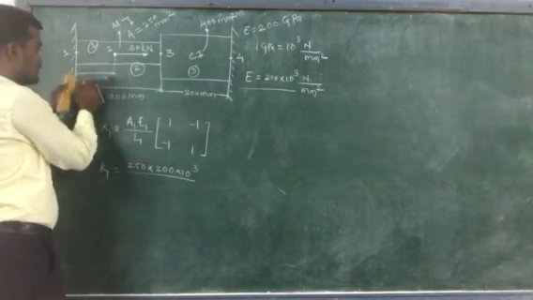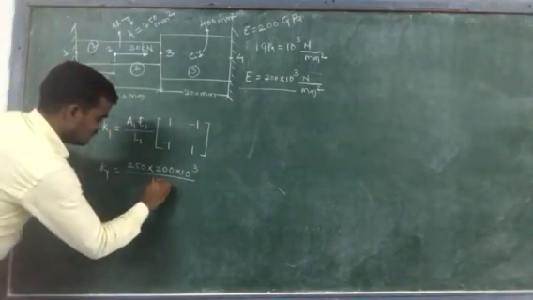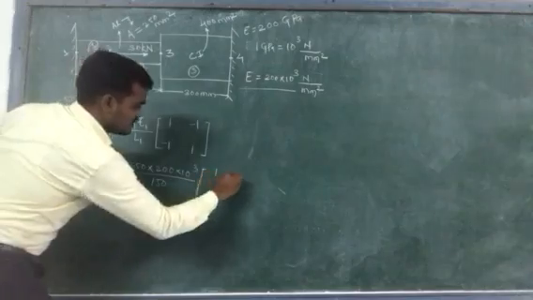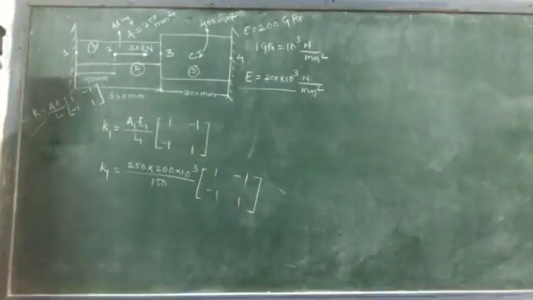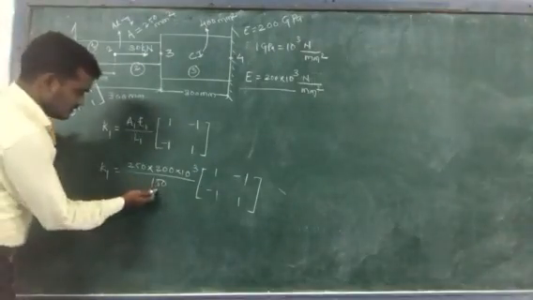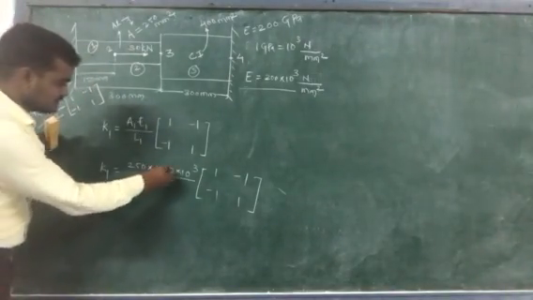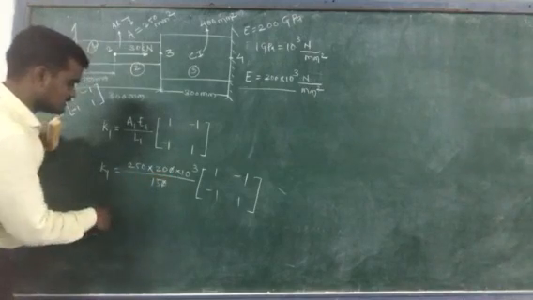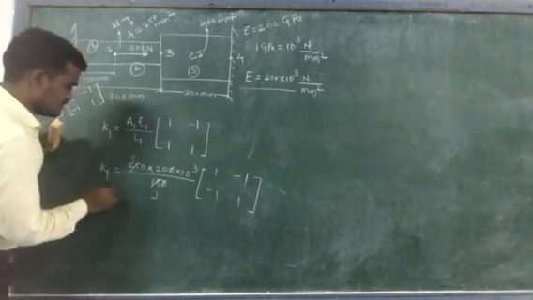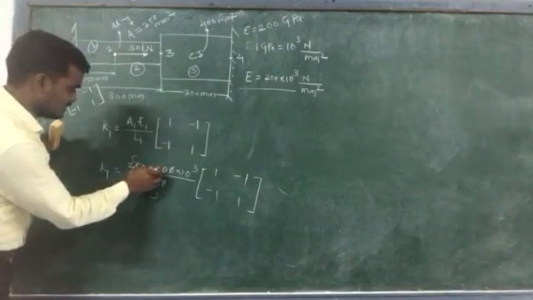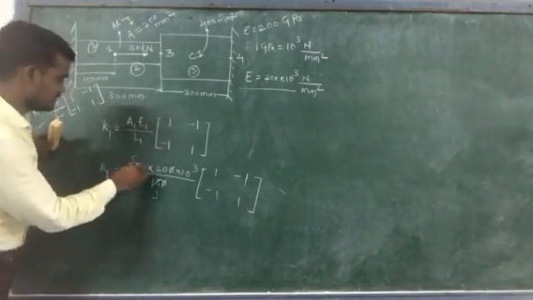So L1 will become 150 into the matrix 1 minus 1, minus 1 1. By simplifying this, you will get 0, it will cancel 5, 3, 15, 5, 5, 25. So 20, 15 to 20 divided by 3.